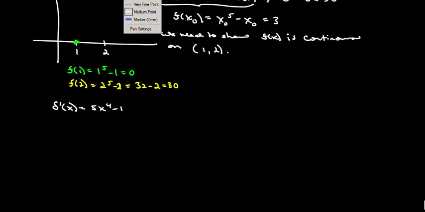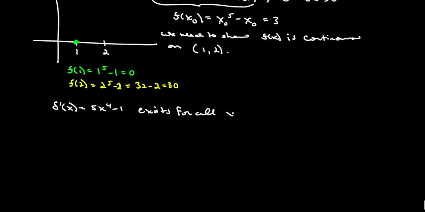Now, this is defined from 1 to 2, meaning there aren't any problems with this. I can plug in any number between 1 and 2 into here, and I'll get a number out. So f prime exists for all x values on the interval 1, 2. So that's the way of looking at it.